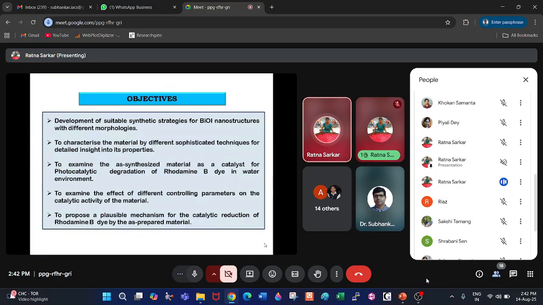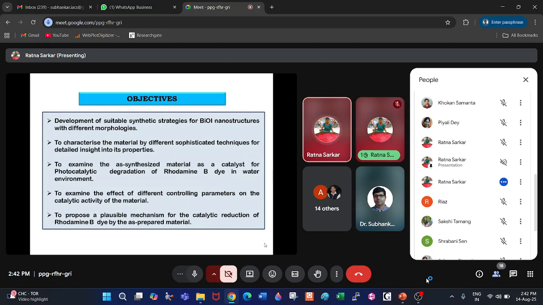Objectives. Initially, we try to develop a suitable synthesis strategy for bismuth oxyiodide nanocrystals with different morphologies. Then, to characterize the material by different sophisticated techniques for detailed insight into its properties.